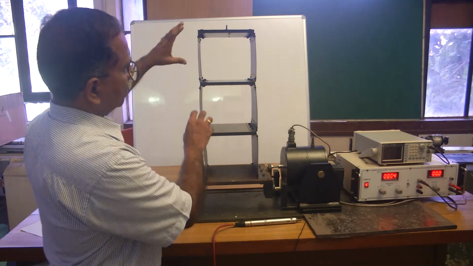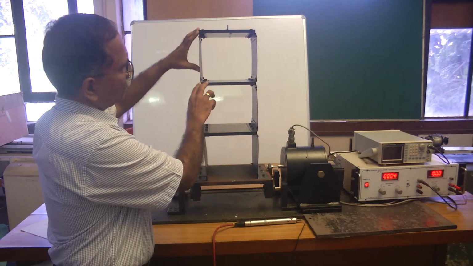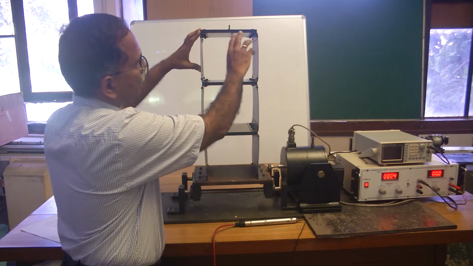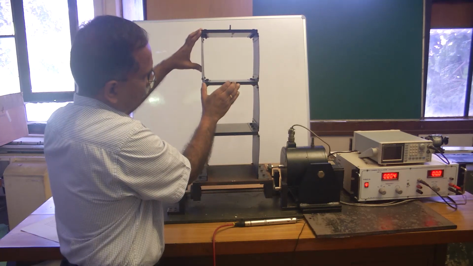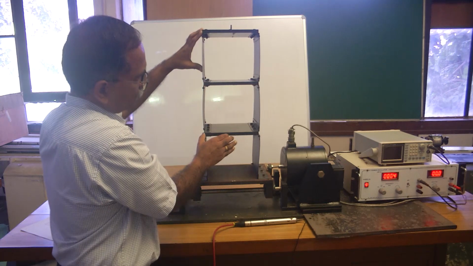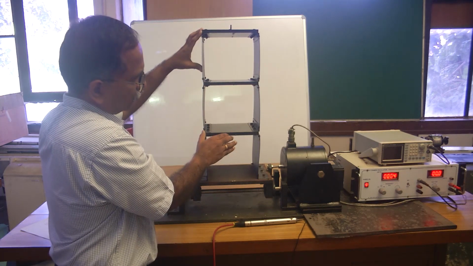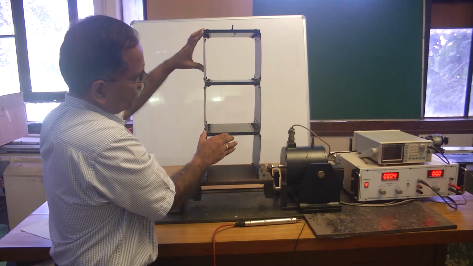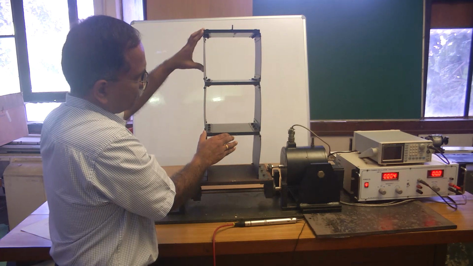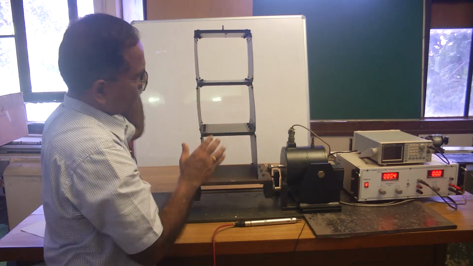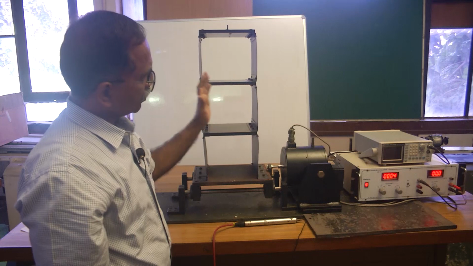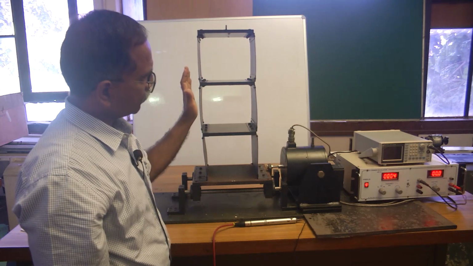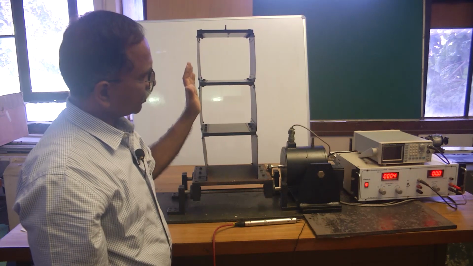If we excite this in a way that the displacement at t equal to 0 of this mass, this mass and this mass conforms to, let us say, the first mode shape, then the ensuing vibration after t equal to 0 is going to follow the vibratory motion of that particular mode shape.